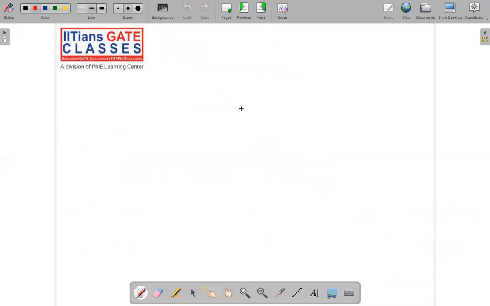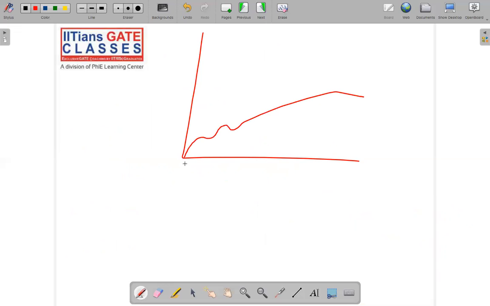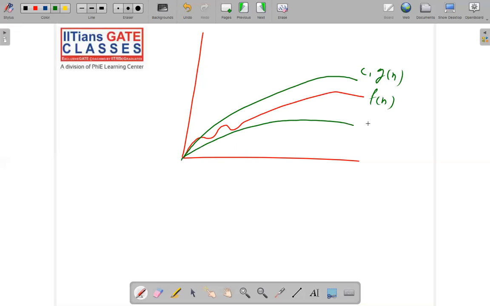Okay, now let's take a few more examples. If you want to check, the graph will look like this. This is f(n), and let me draw the other one in green. This is C1 g(n), this is f(n), and this is C2 g(n).